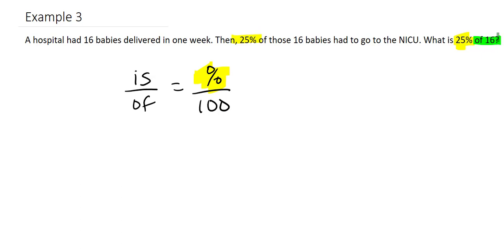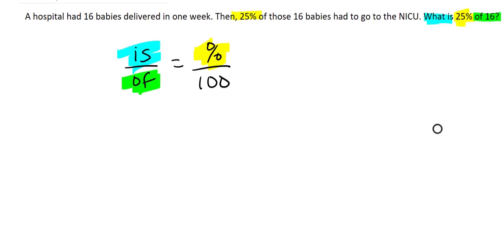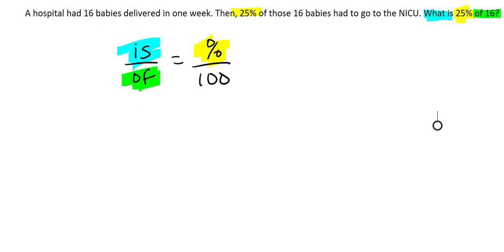Then we're given of 16. So we're given the whole amount, and then we're looking for the part, which would be the is. So how many babies went to the NICU? Well, it's only a fraction of the 16. So not 16, it's a much smaller number. So let's go ahead and look.